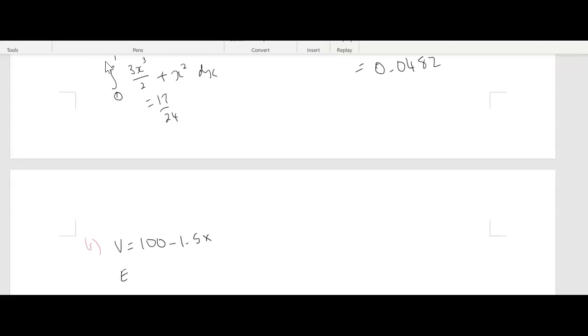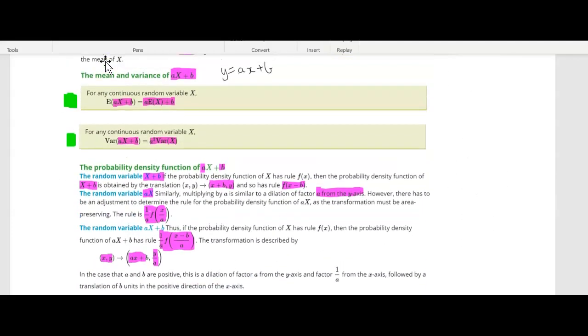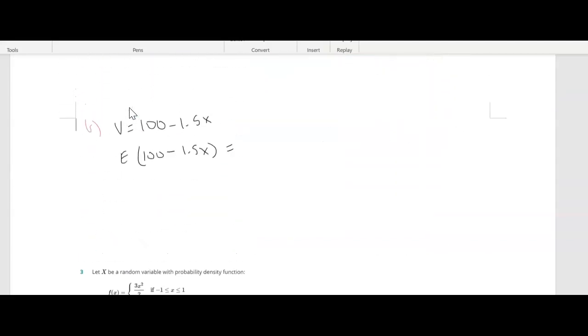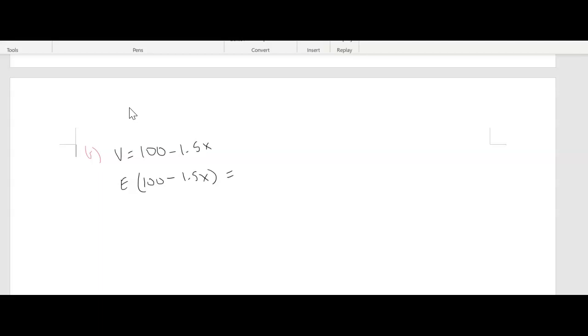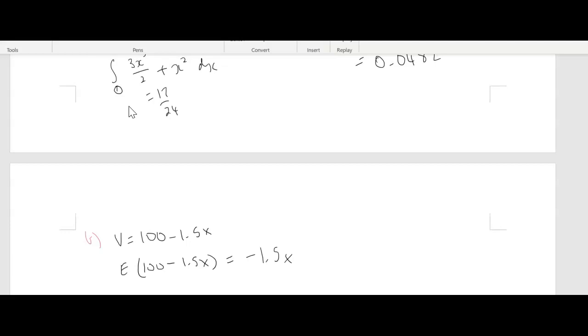So we're finding the expected value of that. So 100 minus 1.5x. So if we use the rule that we did up here, first one for mean, we've got A times your expected value plus B. So your value of A is negative 1.5, and we're timesing that by your expected value, which we've worked out to be 17 on 24.